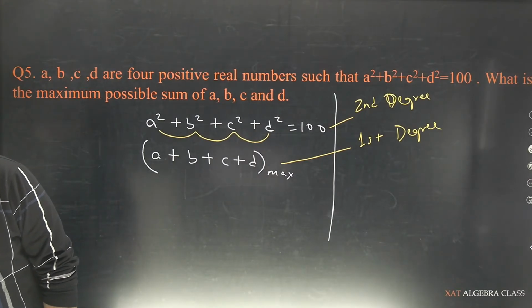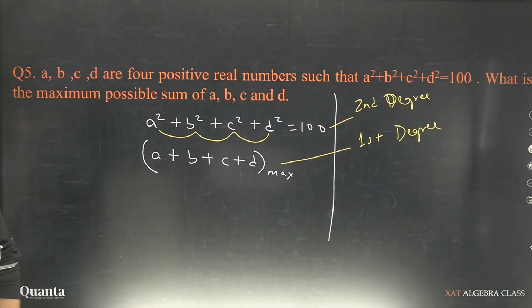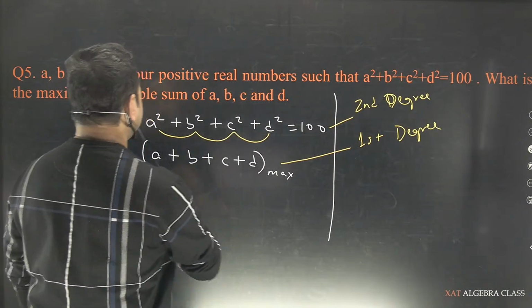We break it as 25 each. Perfect. So when we break it 25 each, so everything is 25.